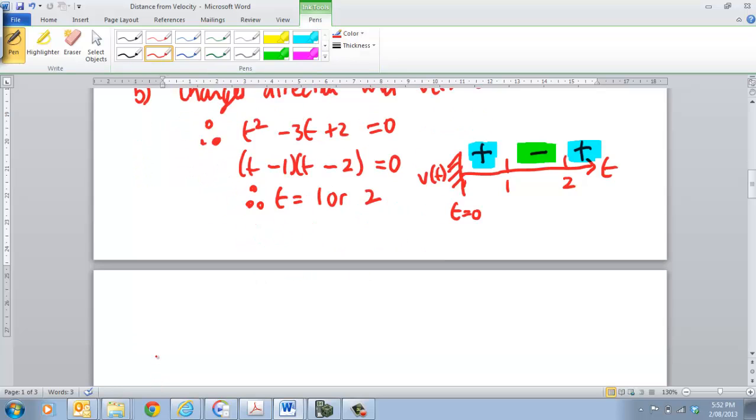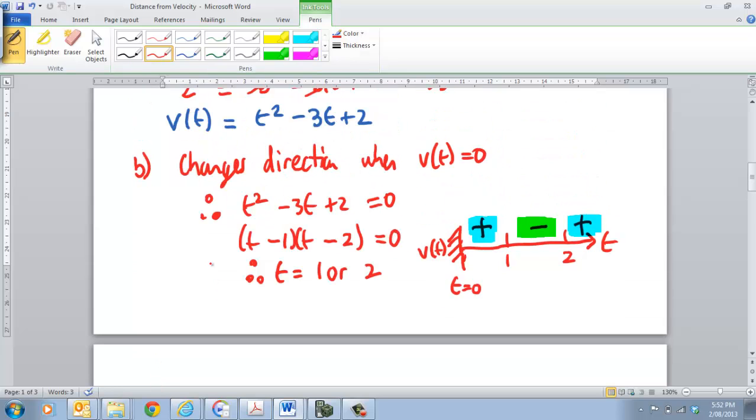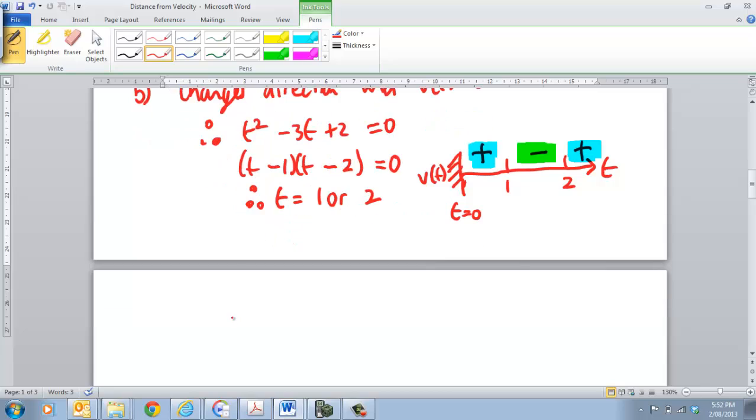So what we need to do is find the distance it's travelled. Obviously the long way of doing this is to find the turning points where it changes direction. So to do that I need to find my distance. That's going to be equal to the integral of our acceleration equation, so that's t squared take 3t plus 2, and we're going to integrate with respect to t.